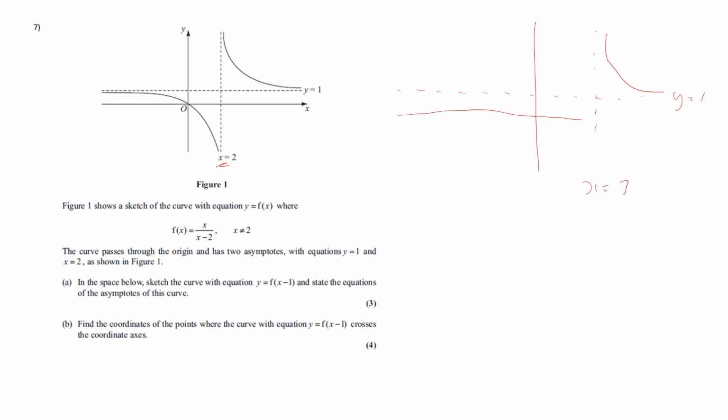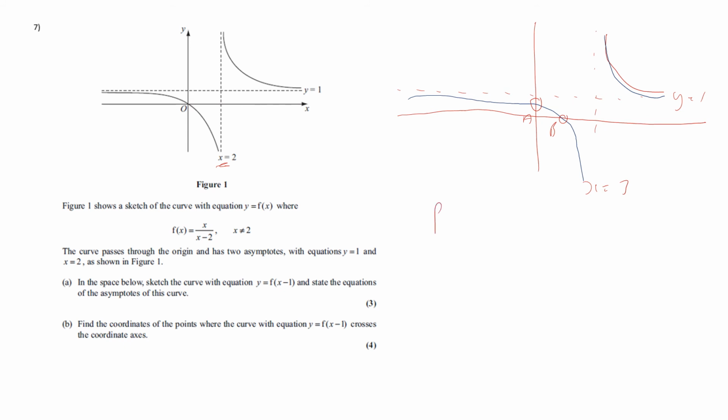Okay, so actually it goes something like this, and then like that. So in part 2, we're looking for the places where the curve crosses the coordinate axes. So that's that point and that point. Let's call them A and B.